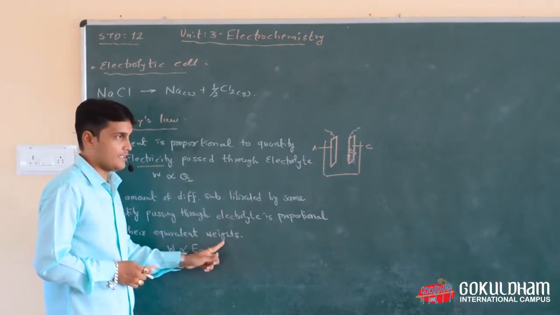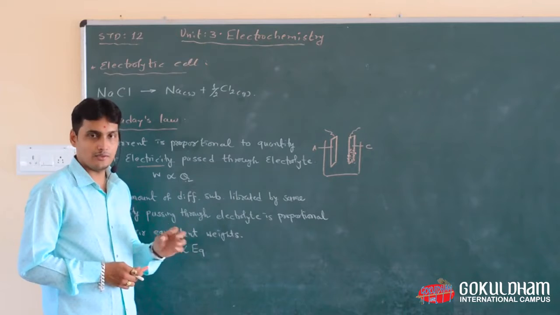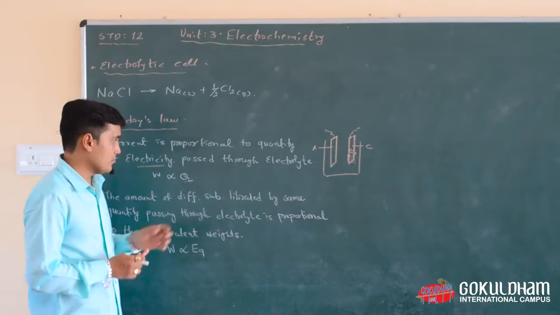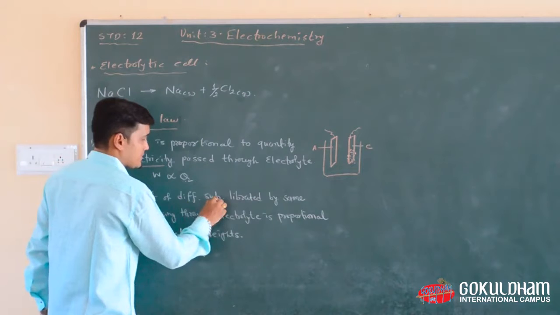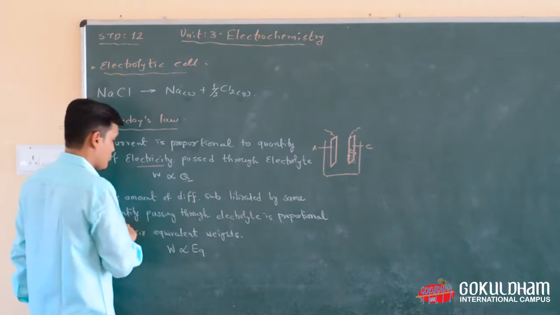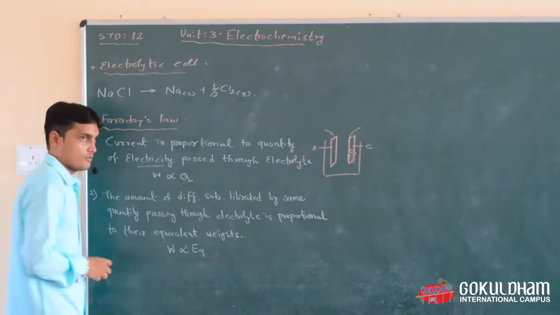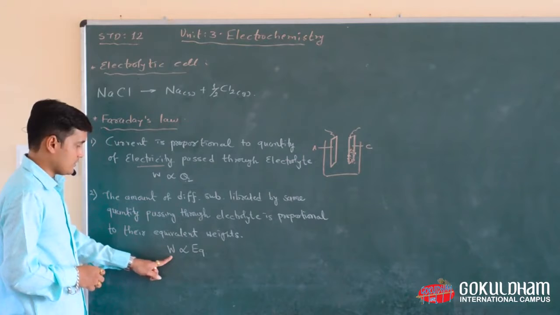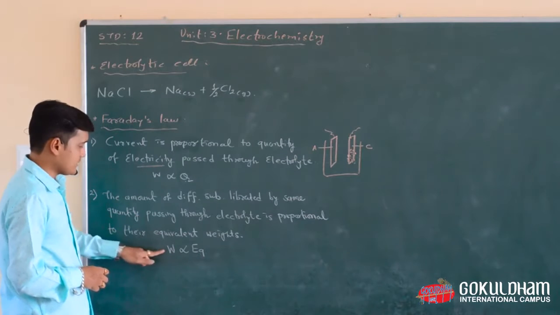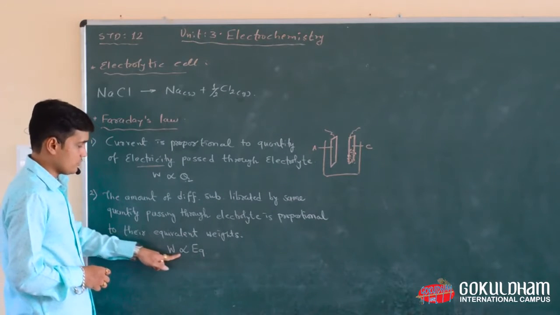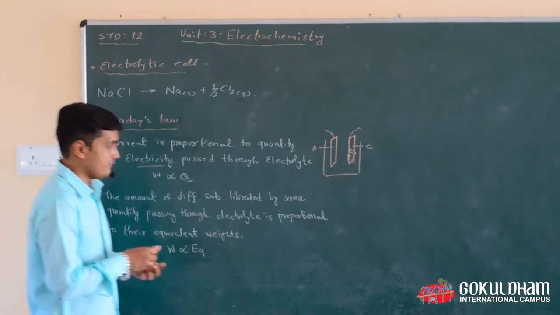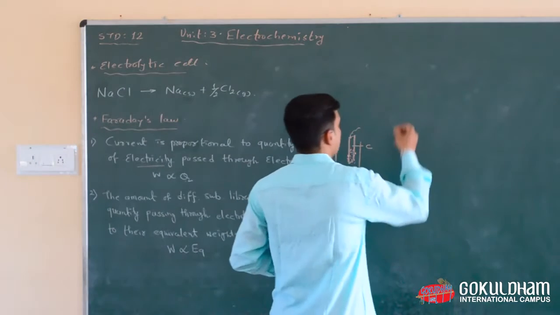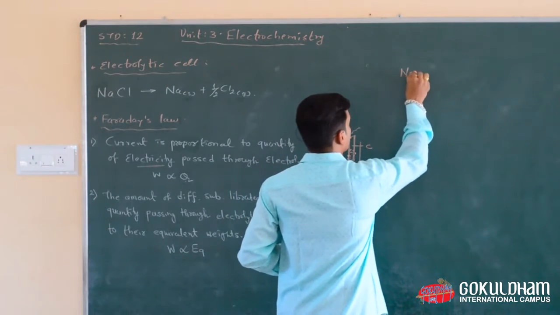This equivalent weight relates to the atomic mass of the atom. But what is the meaning of different substances liberated by the same quantity passing through the electrolyte? The rule is denoted by W proportional to EQ, but we can understand this rule by an example.